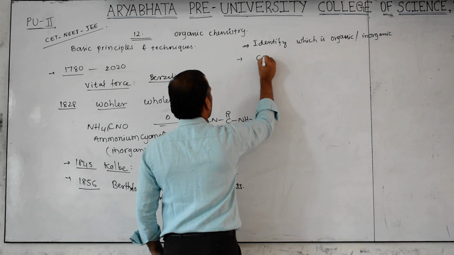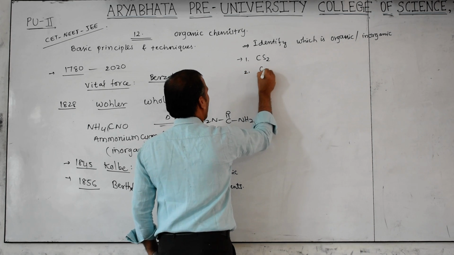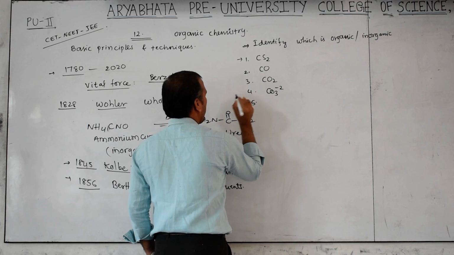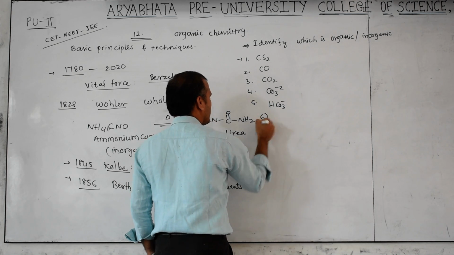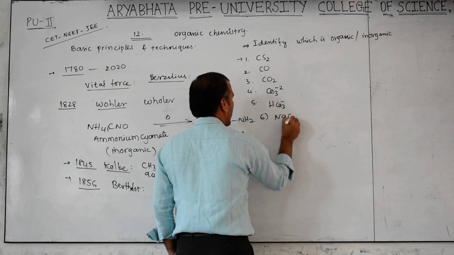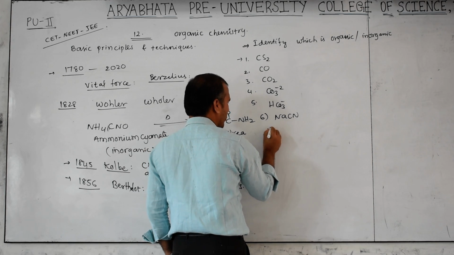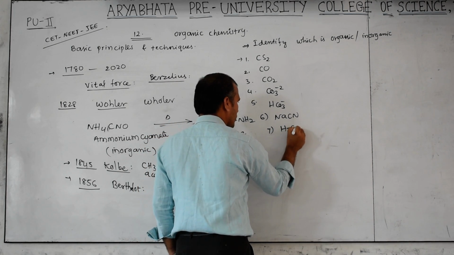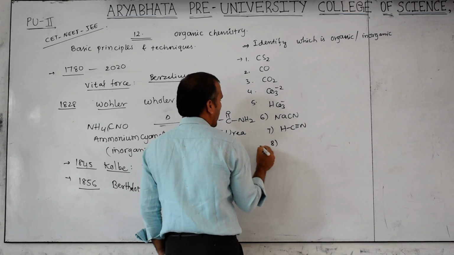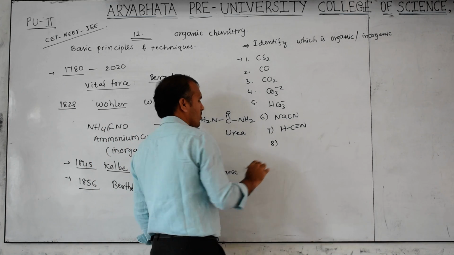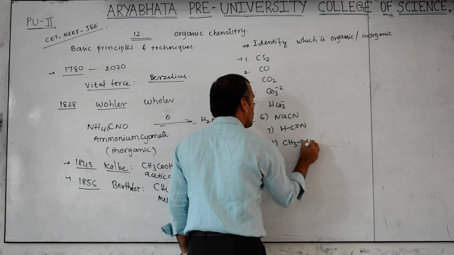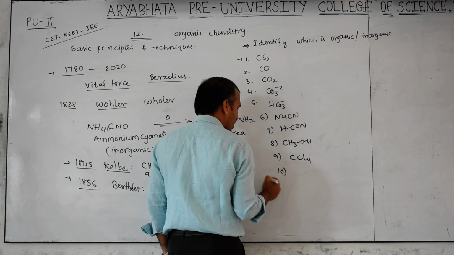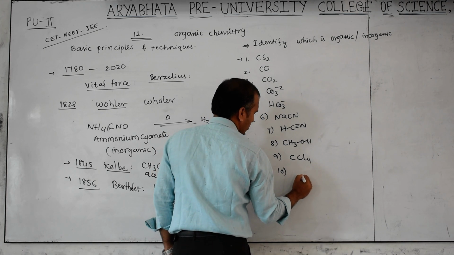Now consider: 1, carbon disulfide; 2, carbon monoxide; 3, carbon dioxide; 4, carbonate; 5, bicarbonate; 6, sodium cyanide; 7, HCl; 8, CH3OH; 9, CCl4; 10, COCl2.